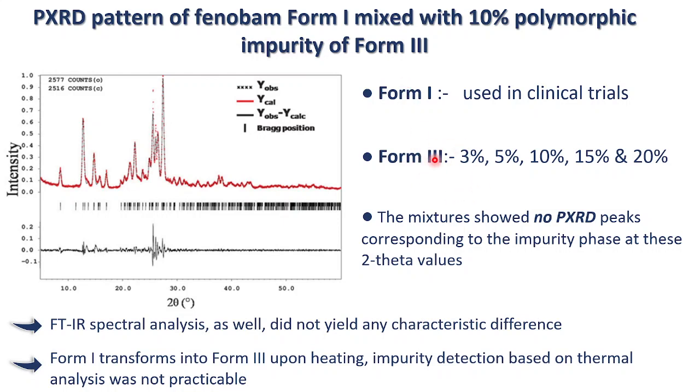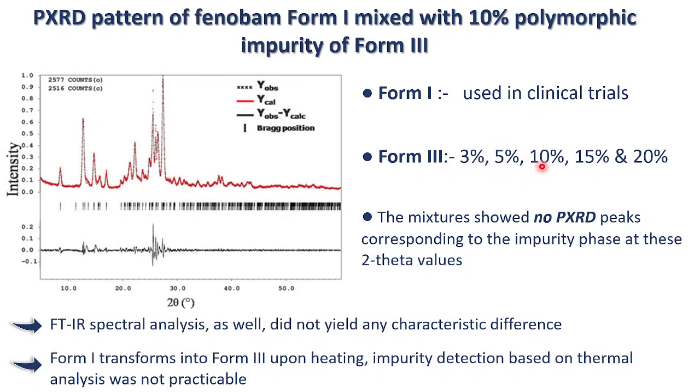Form 3 is taken in different weight percentages, different concentrations, so we prepared different mixtures of form 1 and form 3: 3 percent, 5 percent, and 10 percent of form 3.